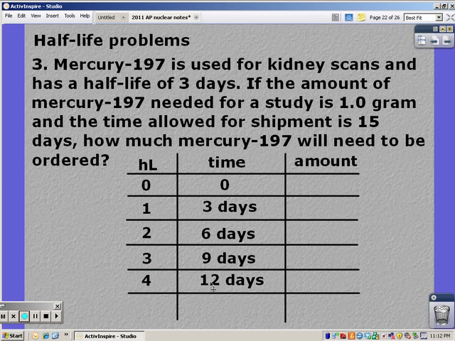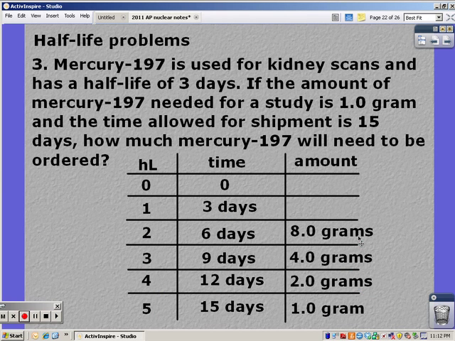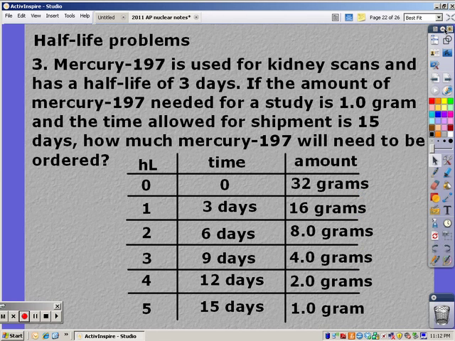So filling in your table, we're going to keep going until we hit 15 days, because at 15 days, we know that we need 1 gram for the study. Because amount always decreases by half, we can multiply by 2 and go up the chart, and so we need 32 grams.